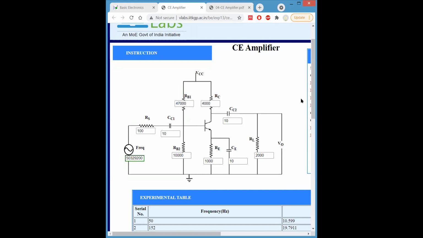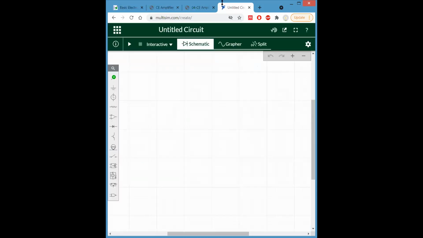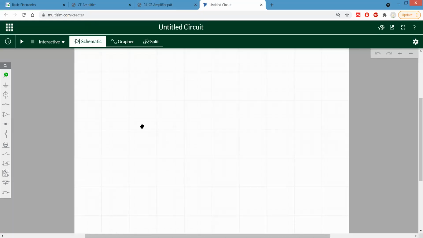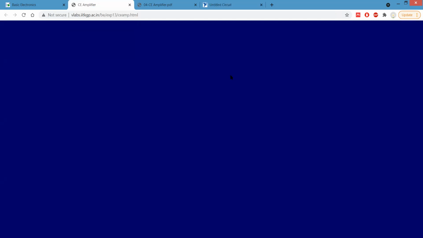Now only the multi-simulator is visible. Okay. So we are going to design the Multisim one.